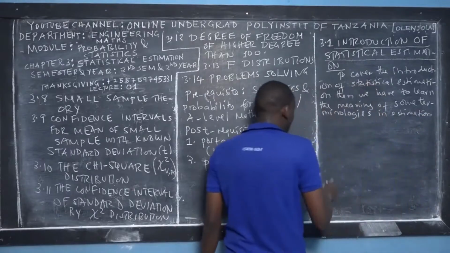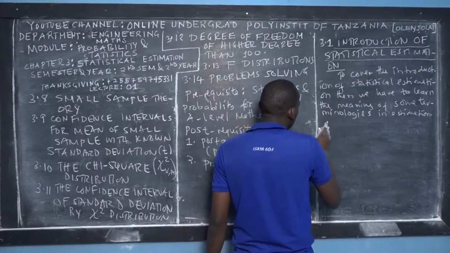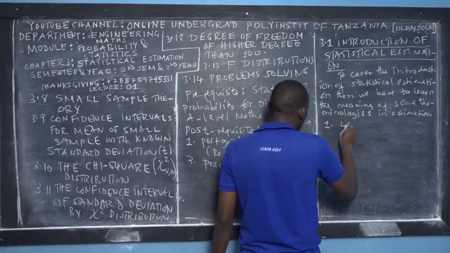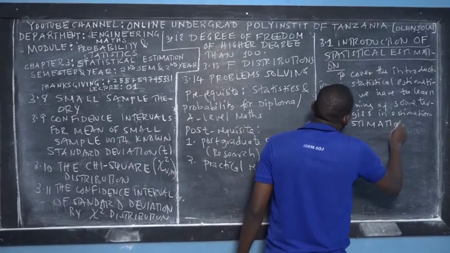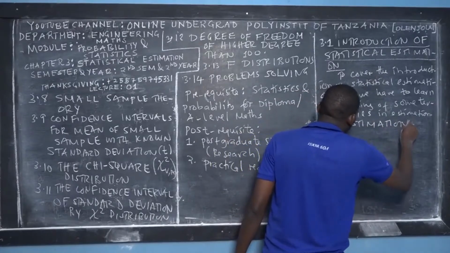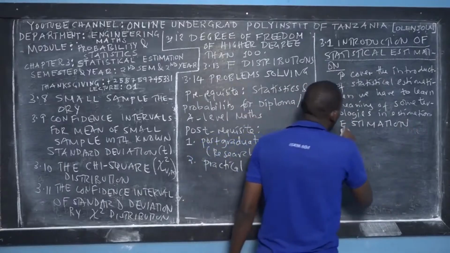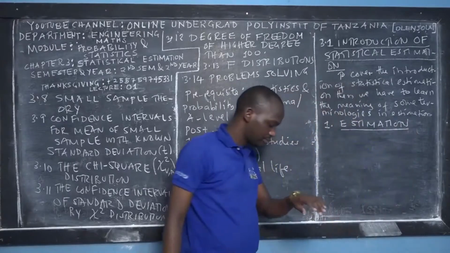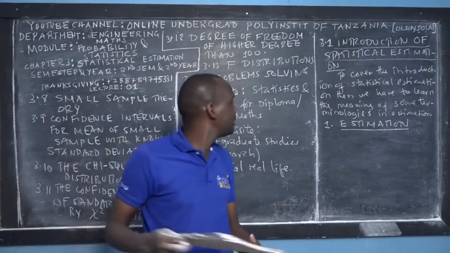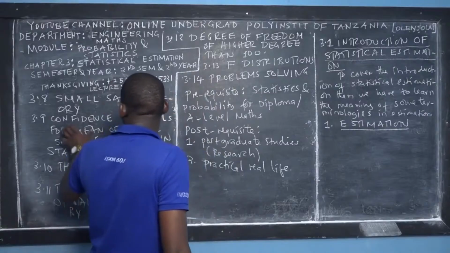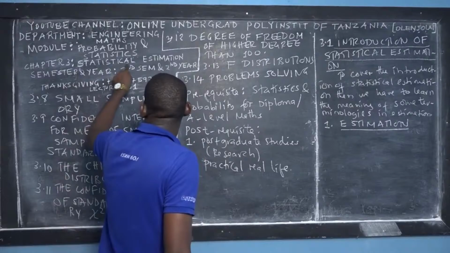So I've prepared 8 terminologies. Doesn't mean that they are only 8, but I've prepared 8 terminologies. And the first one, I want to teach you the meaning of this word called estimation. Say with me, estimation. Again, say it with power, estimation. This is one of the components of the chapter, statistical estimation.